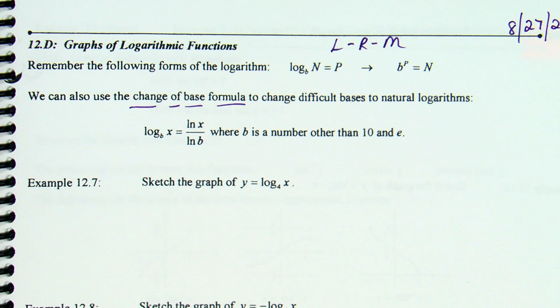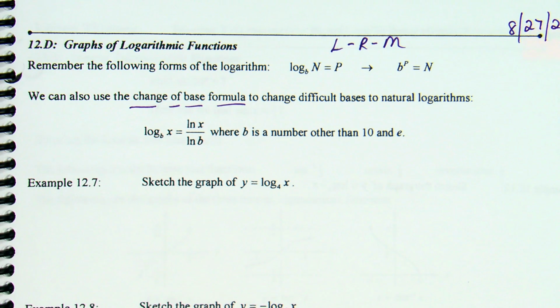Now, because exponents and logs are inverses, the log function is reflected over the line y equals x. And so if you take this exponential function and you reflect it, it now becomes something like that. And this is your log. Okay? So we talked about that at some point last year in pre-cal.